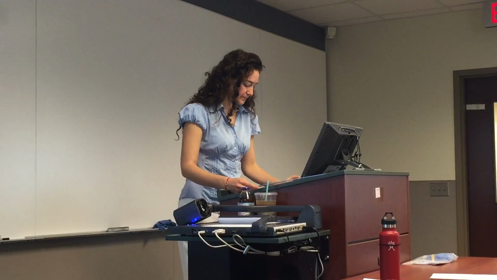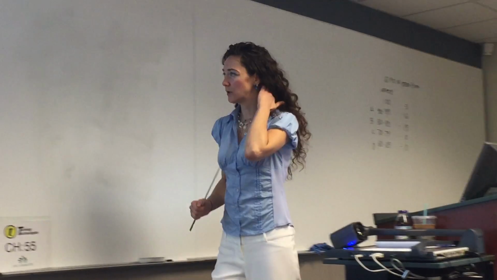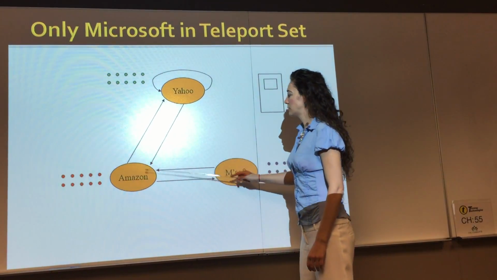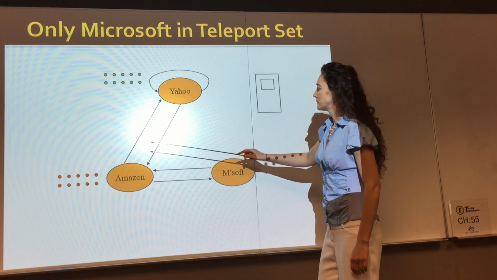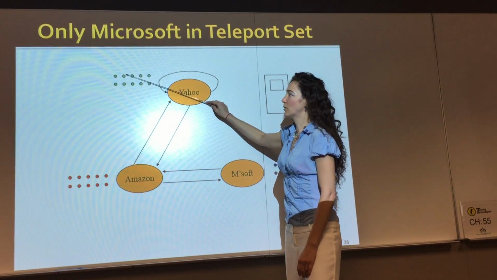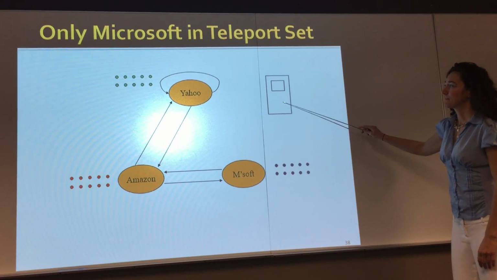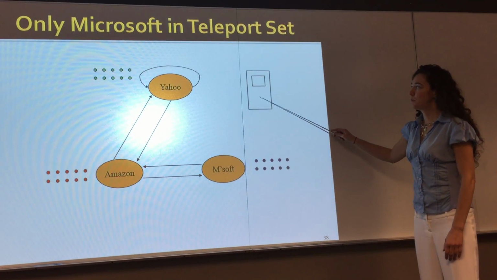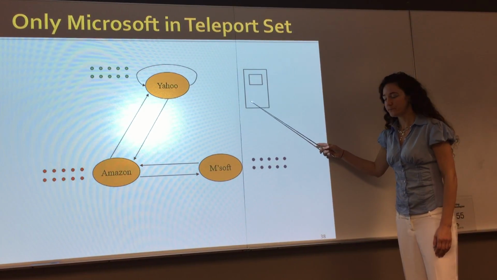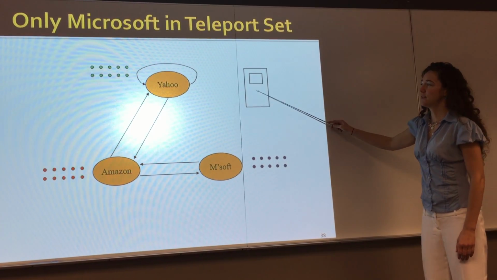So what we have here is the same scenario that we have seen earlier. Yahoo links to itself, Amazon links to Yahoo and to Microsoft, Microsoft links to Amazon. There are an even number of random walkers, 3 out of 10 for Amazon and Microsoft, but what we have here is this teleport location. This is the teleport set. Any of these walkers can teleport themselves here if that is related.